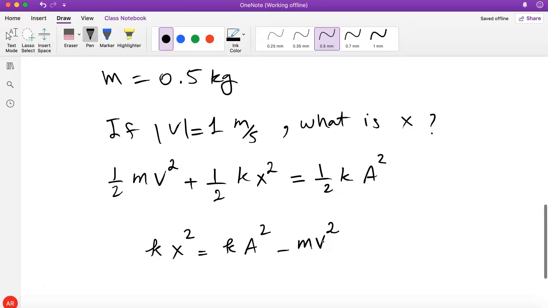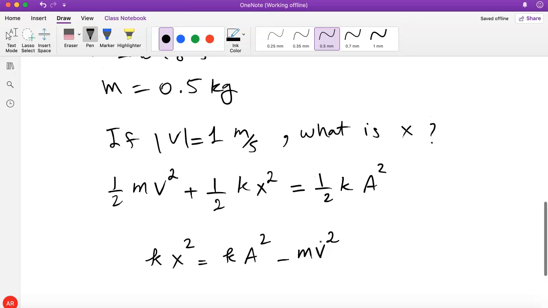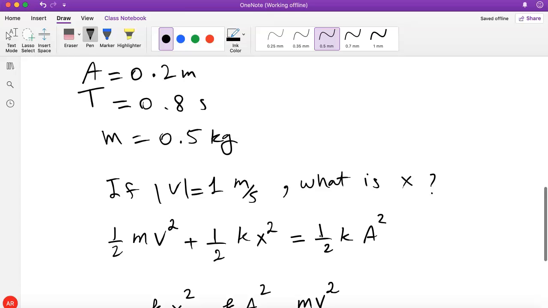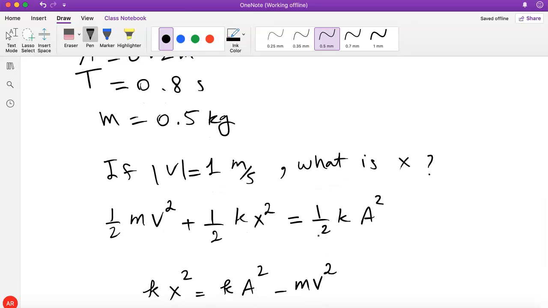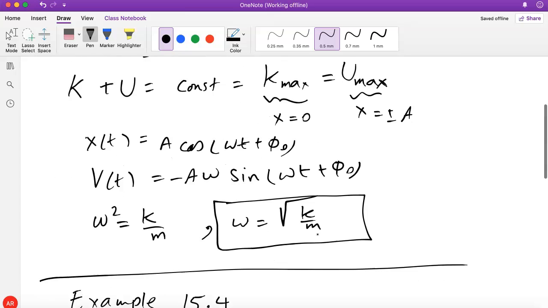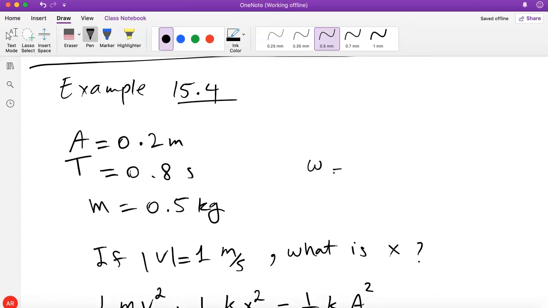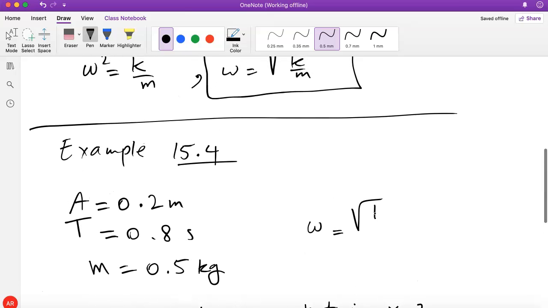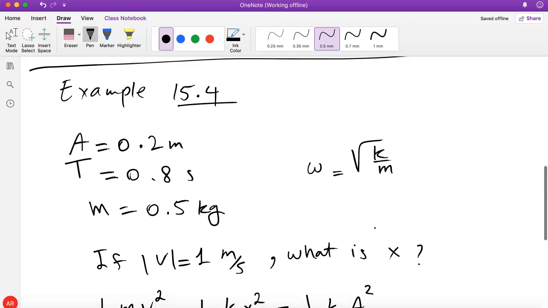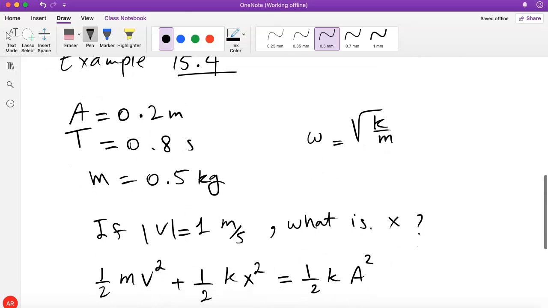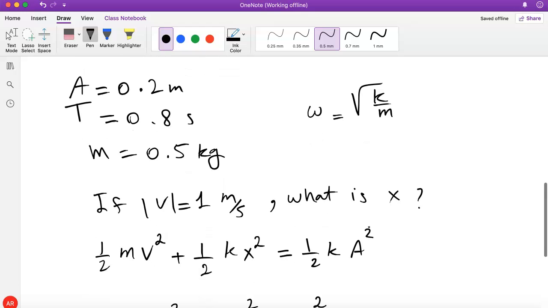We don't really know what k is, but we know the period. If I know the period, I know omega. And remember, omega was the square root of k over m. So if I know the period, I can figure out the ratio of k over m, because omega is 2 pi over the period.